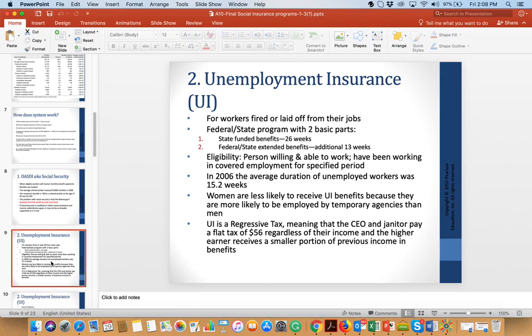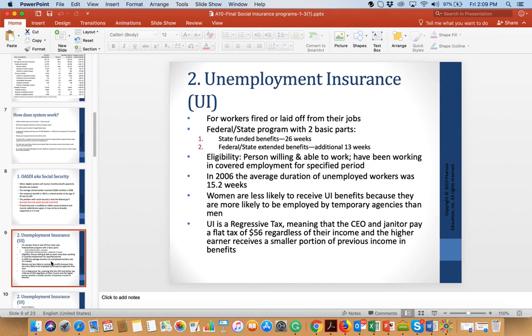Unemployment insurance is a regressive tax. Again, that's another concept that you need to remember. What's a regressive tax? A regressive tax basically means that even if you're a CEO of a big corporation or a janitor of that particular corporation, you only pay into the system a flat rate of $56 per paycheck.